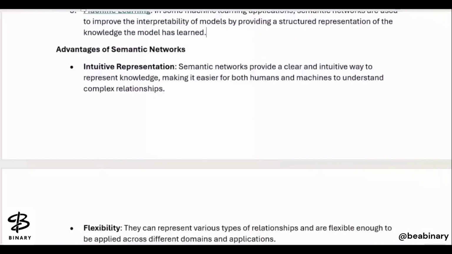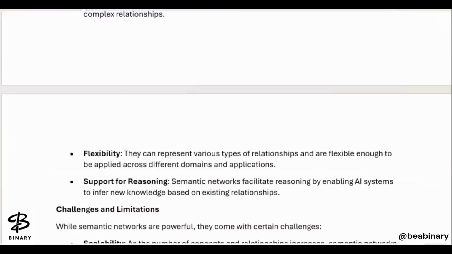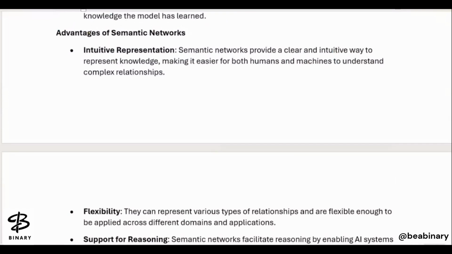Now we have talked about the applications. So what are the advantages here? Intuitive representation, flexibility, support for reasoning. When we are talking about intuitive representation, what do you understand by it?